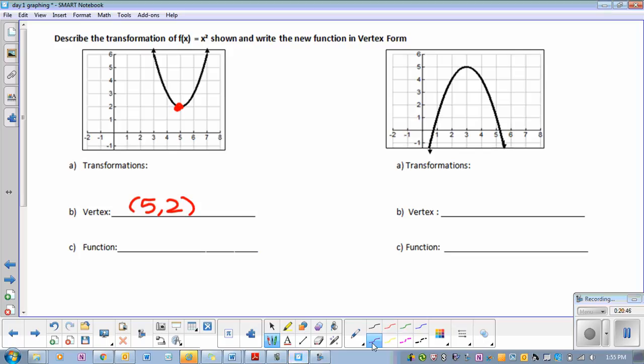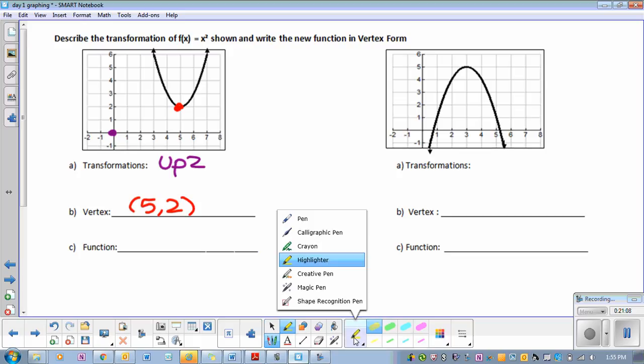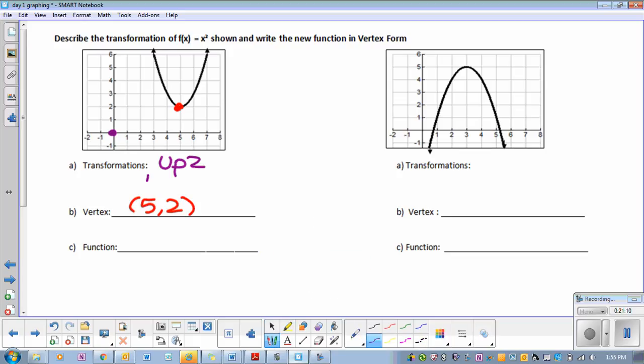Good, thank you. So if it started at 0, 0, and then it went to 5, 2, guys, how did it move? Like physically, tell me in words. Up to, okay, so, good, good. Up 2 and right 5. Did this flip? No, it's still U shape.